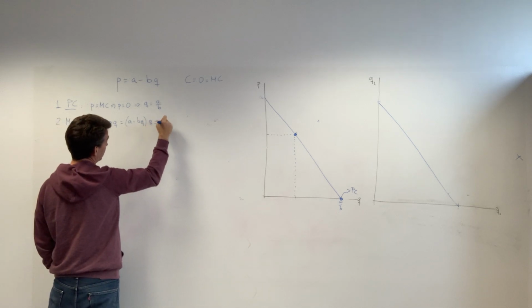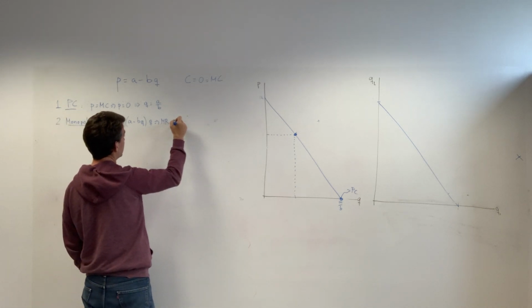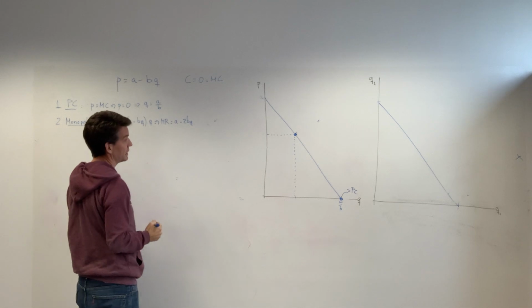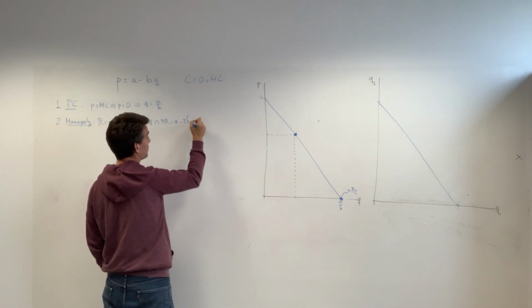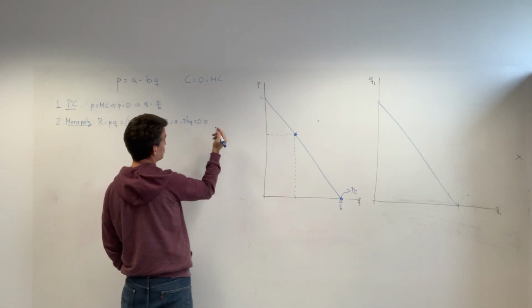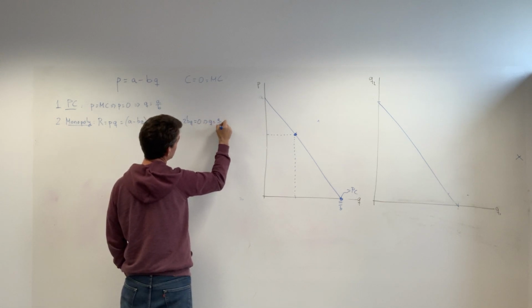So the marginal revenue is going to be the derivative of revenue with respect to Q, meaning A minus 2BQ. Given that marginal revenue equals marginal cost when we are under a monopoly and the marginal cost is 0, A minus 2BQ equals 0. So Q equals A divided by 2B.